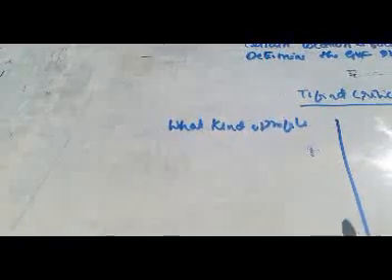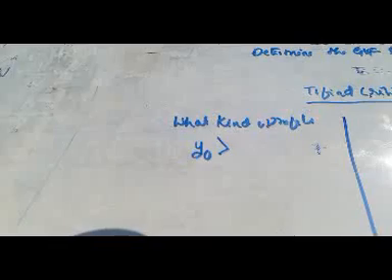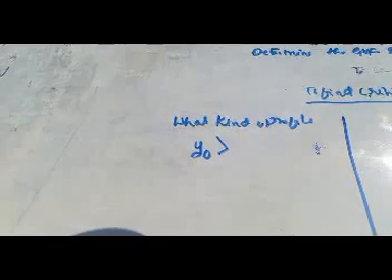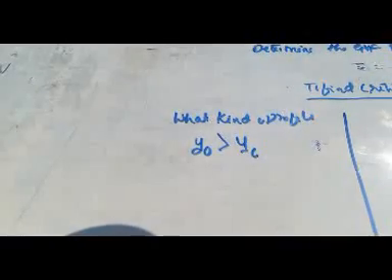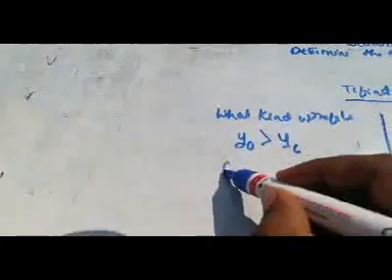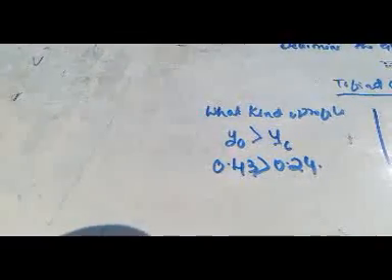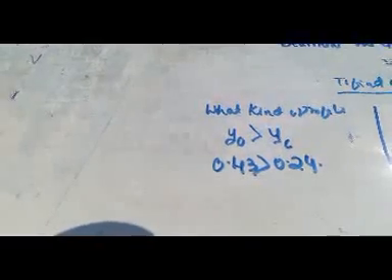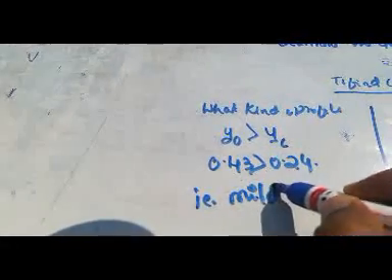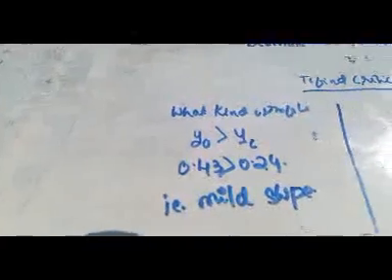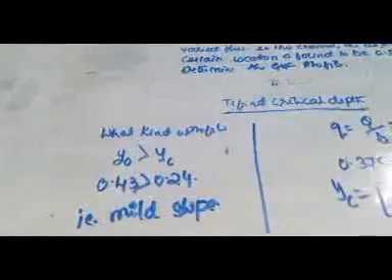Here, since y0, the normal depth, is greater than yc, the critical depth, that is 0.43 is greater than 0.24, we can say this is a mild slope. Therefore it is a mild slope.